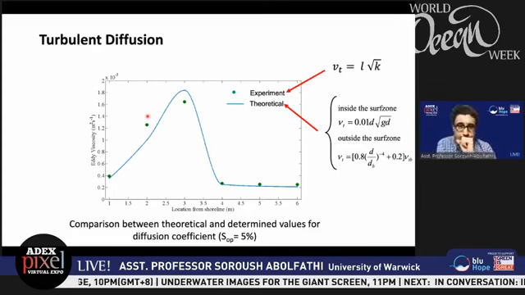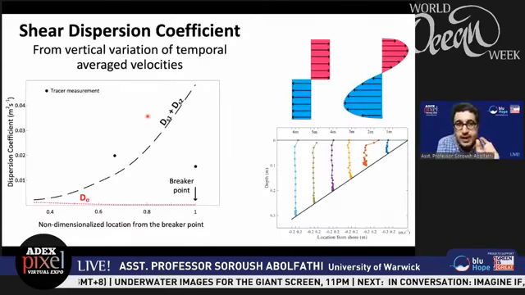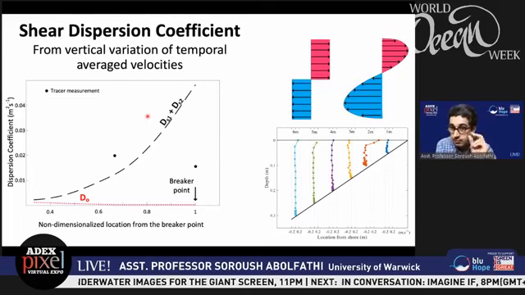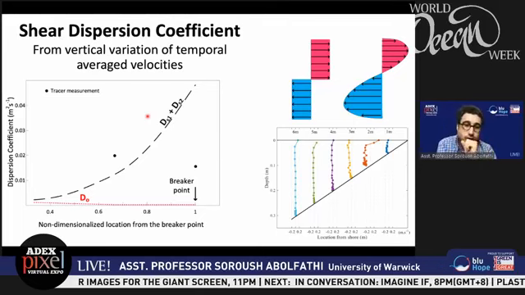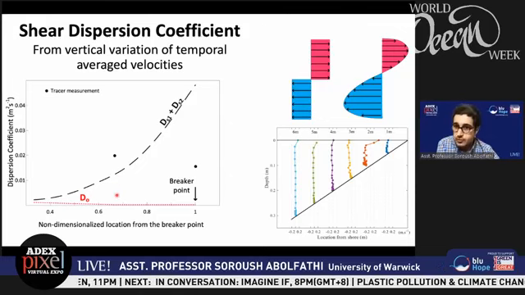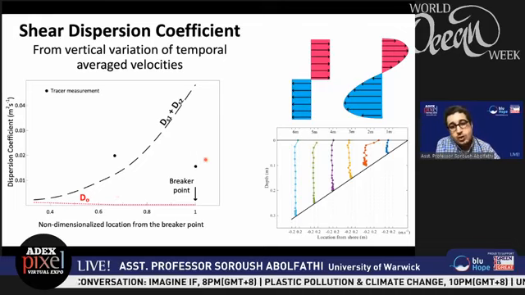But when we look at the second mixing mechanism, the shear dispersion, that really important one, what we realized is that when we add our hydrodynamic model and use the mathematics that I mentioned, at the breaker point, the location where the waves start to break, our model is still much farther away from the measurement.